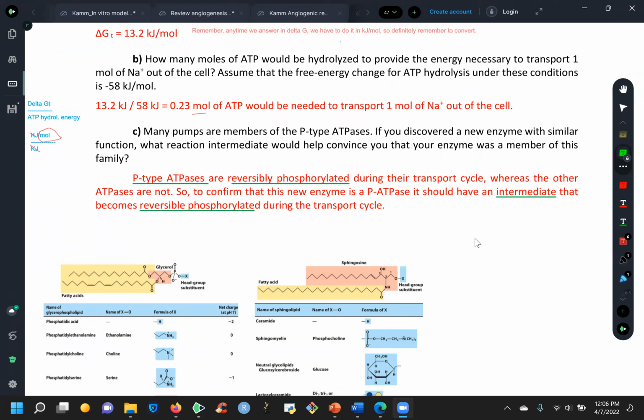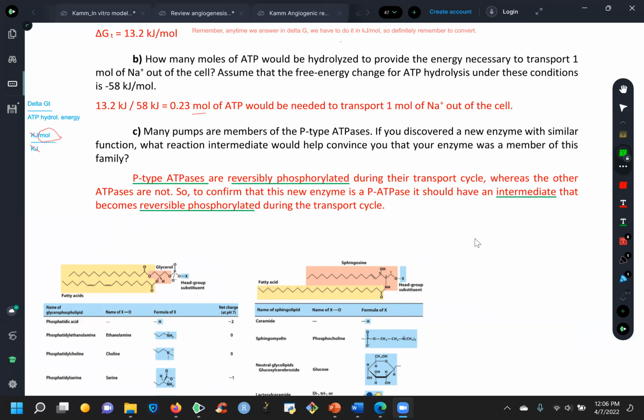ATP being hydrolyzed, remember you have a phosphate, phosphate, phosphate, right? That's ATP. This third bond has the most energy. When you break it, you get to use all that energy, and they're telling us here that it's 58 kilojoules.